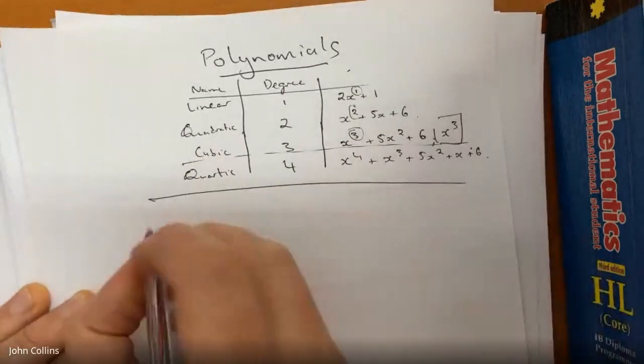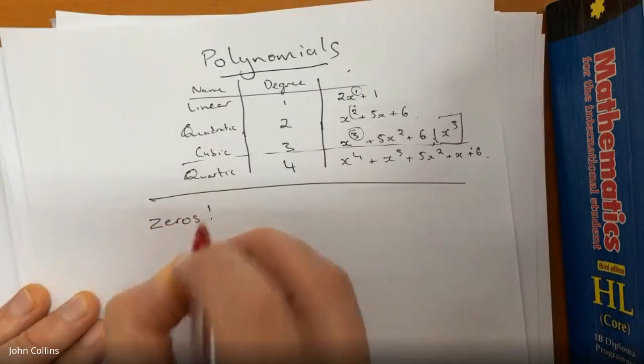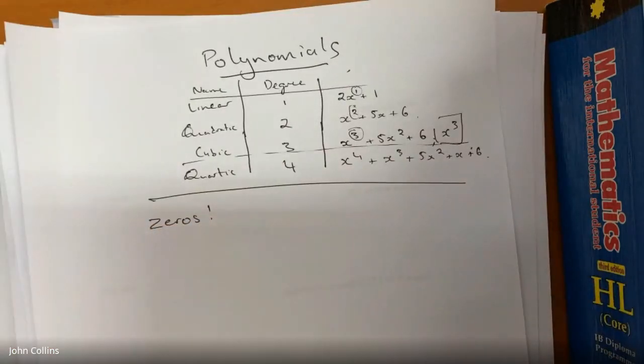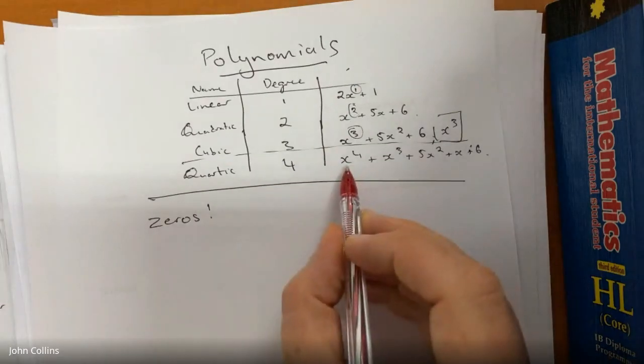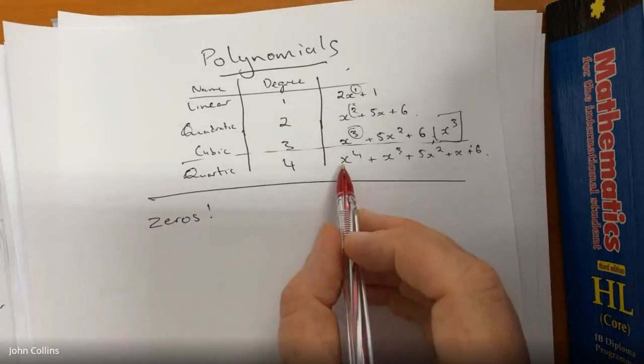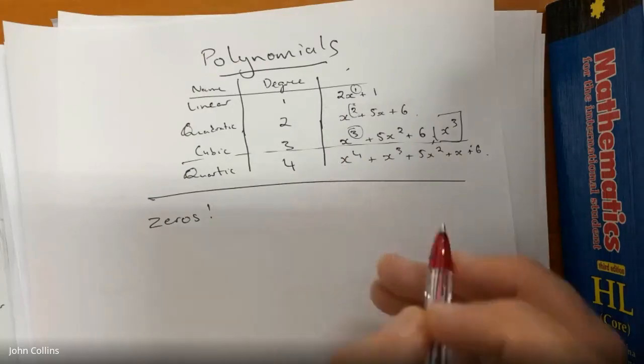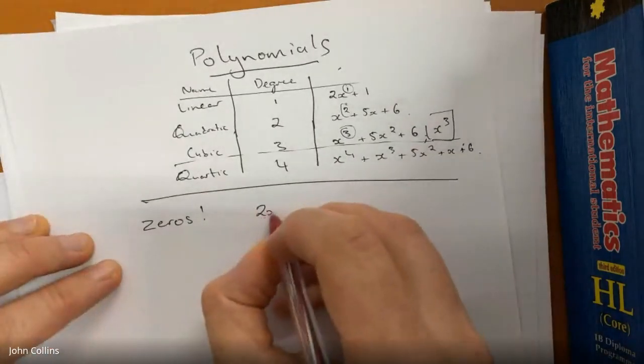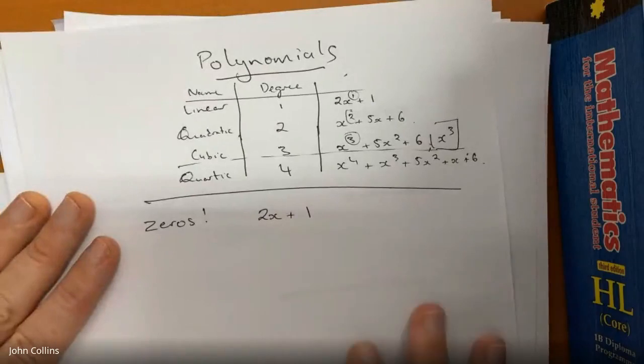So polynomials have things called zeros. A zero of a polynomial is the value for the variable, for x, which makes the polynomial 0. So if I have a polynomial, 2x plus 1, no equal sign, no nothing, what's the 0 of this polynomial?